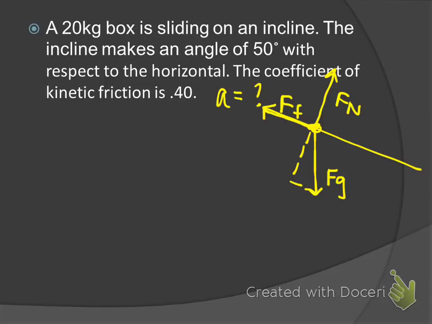Okay, in our problem when it says 50 degrees with the horizontal, that just means still regular 50 degrees. So that means 50 degrees sits right here. I would call this side normal and this side parallel.